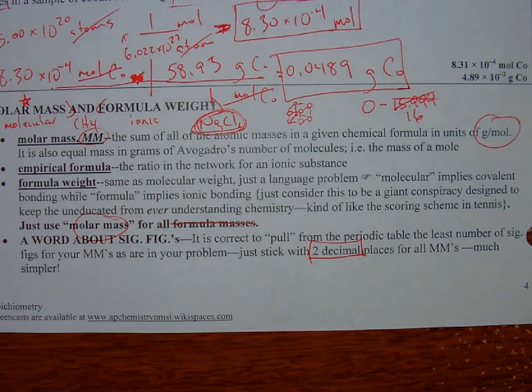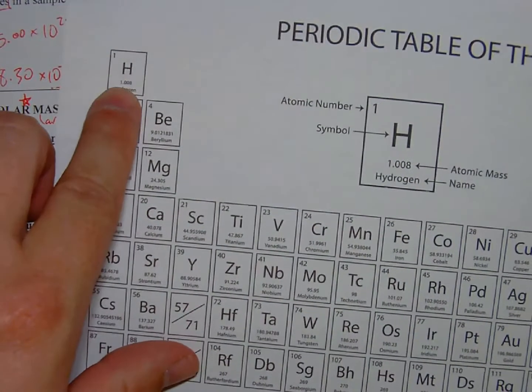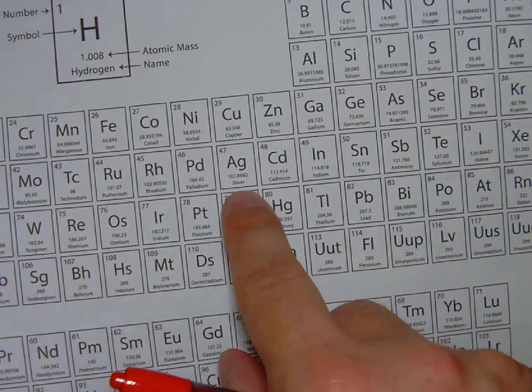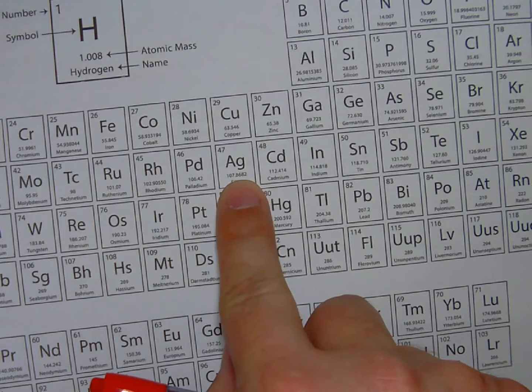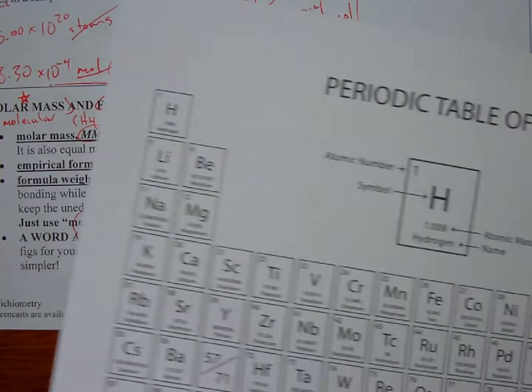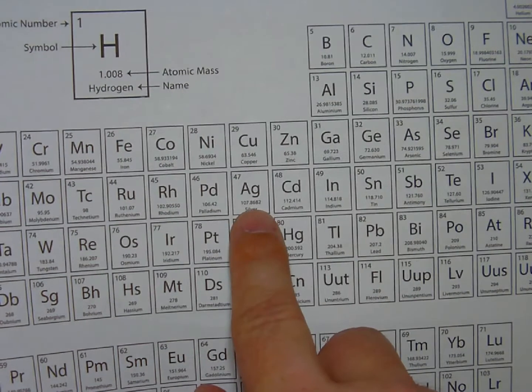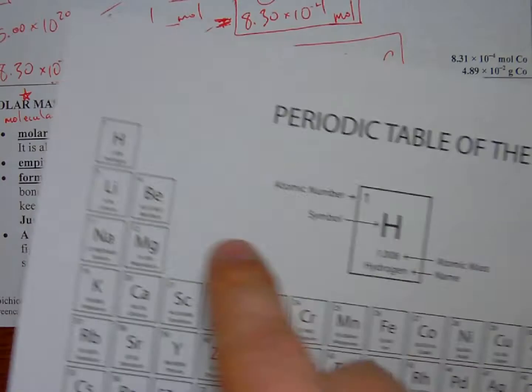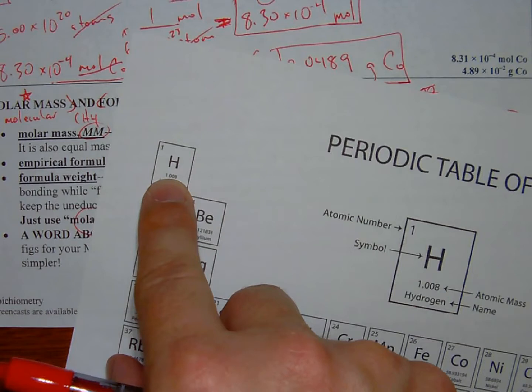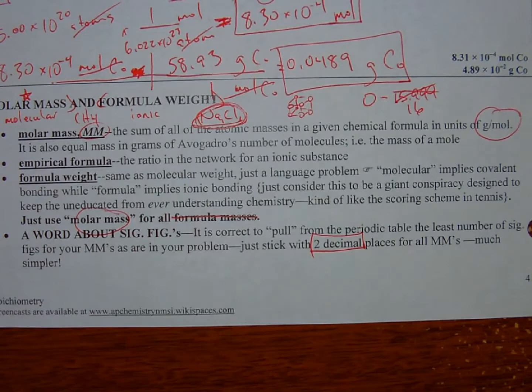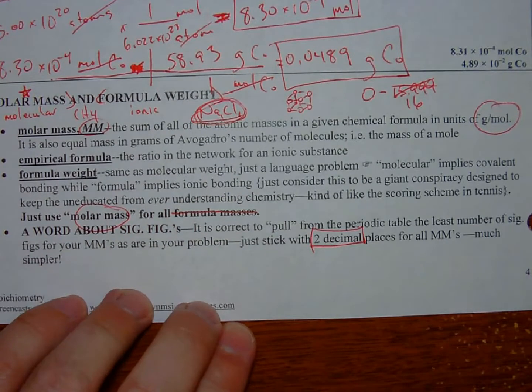So you're going to have certain elements that are reported with more significant figures than others. Silver right here has 7 significant figures. Hydrogen has 4. Also, silver has 4 places past the decimal. Hydrogen has 2. I'm telling you right now, 2 decimal places will be fine for all your molar masses.